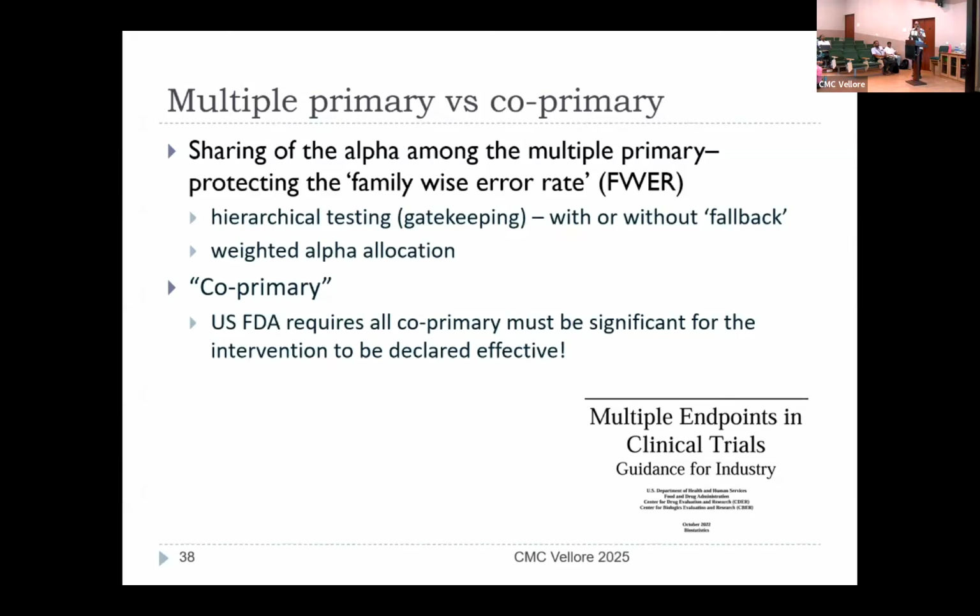And what does the FDA do? Well, this document is freely available. You can download it. And they are extremely detailed, as you would expect, on how to handle different issues. And I looked at how they suggest things. And one of those is that if you have multiple primary outcomes, okay, because you're not willing to have just one, you want to have multiple, then you have to protect what they call the family-wise error rate, usually 0.05.